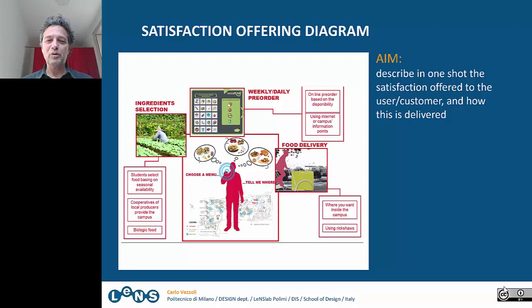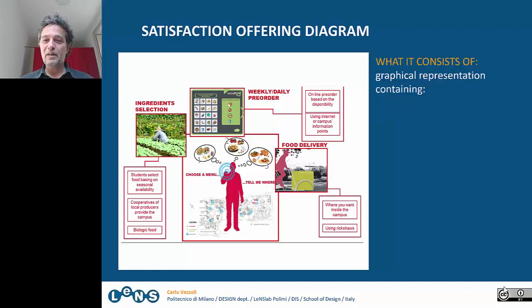And this is quite important to be well made, because we know that when moving from traditional product offer to sustainable product service system, we have a paradigm shift in the way we are offering product and services. So it's key important to be able to define this very well.